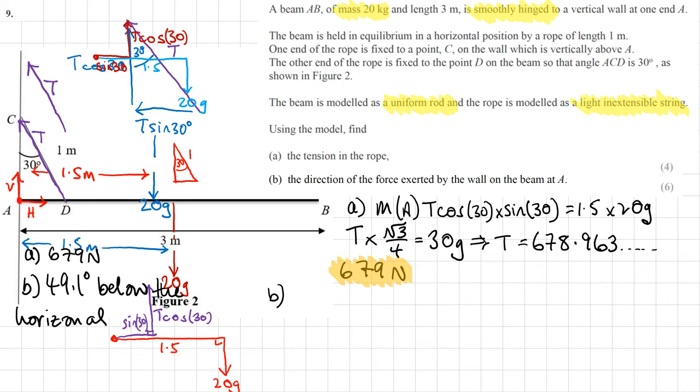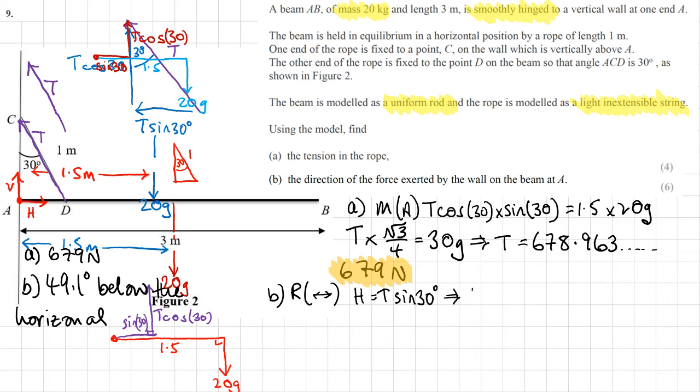So this is where I'm going to resolve horizontally and vertically. So let's start by looking at the forces going horizontally. So what do I have? I've got the H going to the left and the T sine 30 going to the right. So H is equal to T sine 30. Now I just worked out T, didn't I?